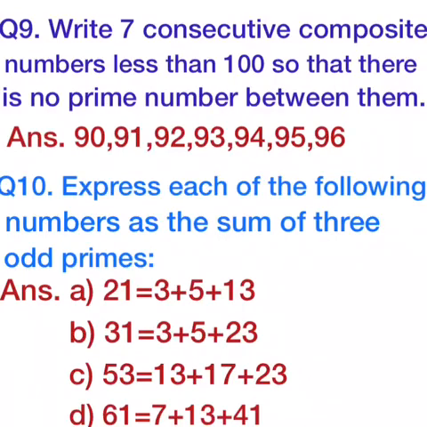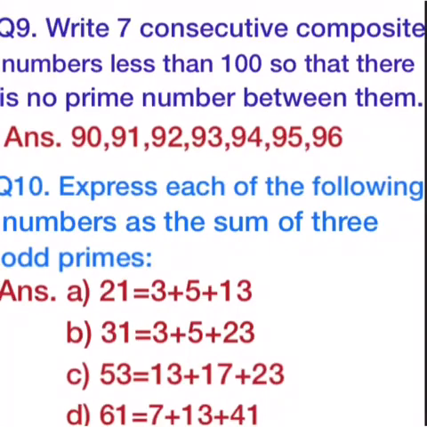Question number 9. Write 7 consecutive composite numbers less than 100 so that there is no prime number between them. So children, in this question we have to find out 7 consecutive composite numbers. Consecutive means the numbers which follow each other, or continuous numbers. From 1 to 100 we have to find 7 consecutive numbers, such composite numbers which do not have any prime number between them.